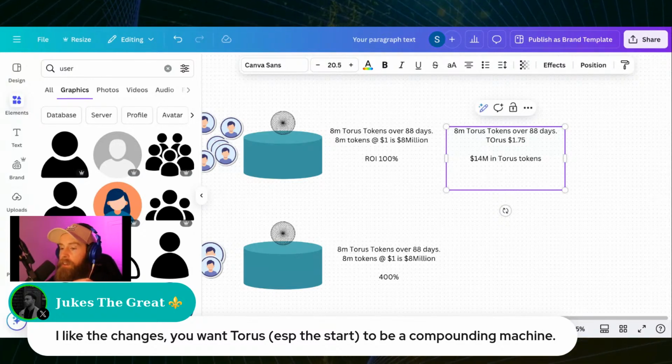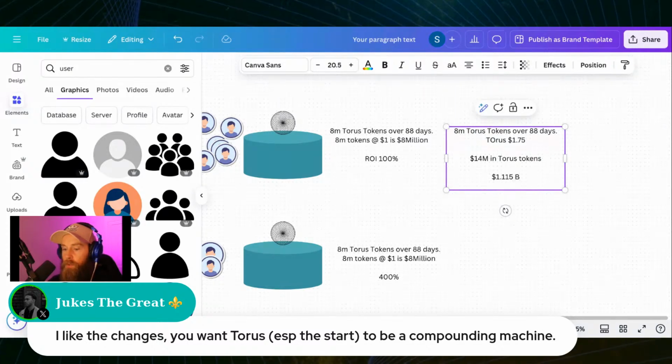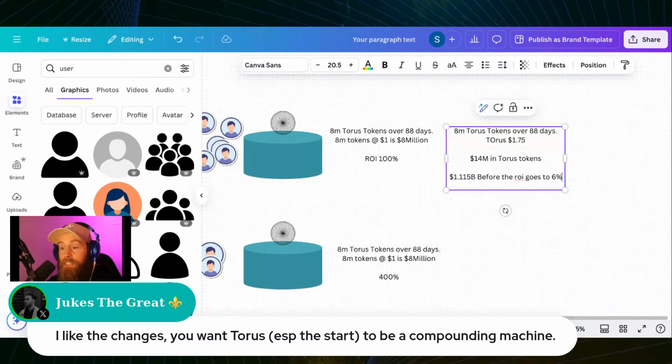So if TORUS is $1.75 over the first 88 days and there's $14 million in tokens, the system can handle $1.115 billion before the ROI goes to 6%. And this is at $1.75.